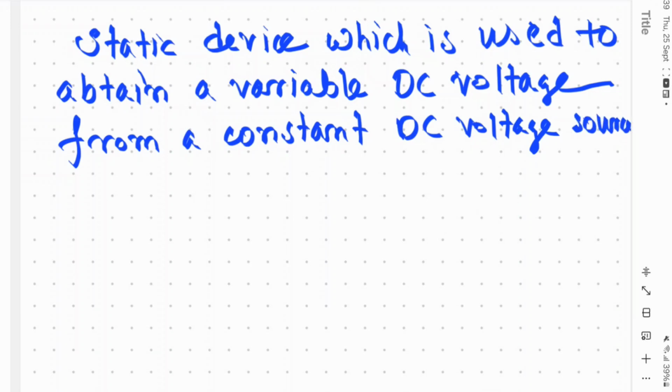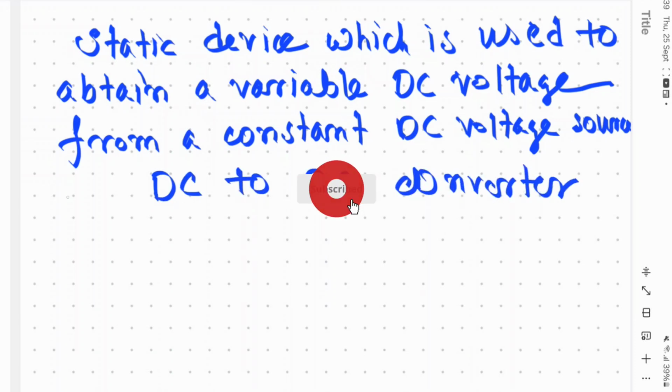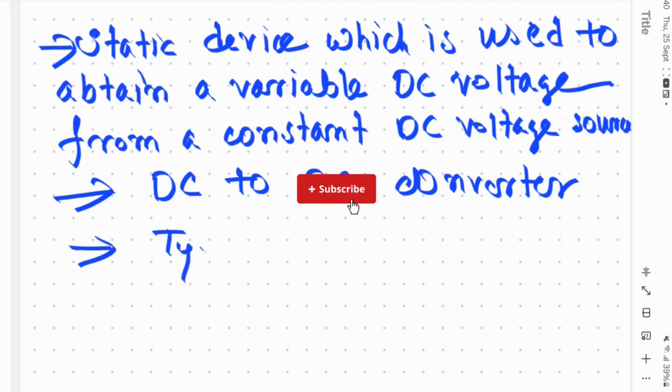A chopper is also known as a DC to DC converter, and the thyristor converters offer greater efficiency. So here, to design a DC to DC converter we use thyristors.